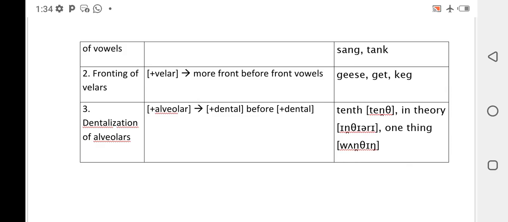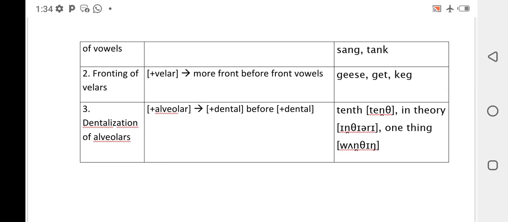So, tenth. The n in tenth is an alveolar sound. It is a voiced alveolar nasal. Now, this voiced alveolar nasal is occurring in the environment of the voiceless dental fricative.